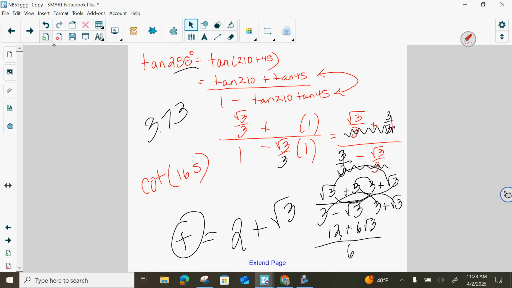It's not one of the unit circle angles, right? Yeah, 90 is a tough one. So what? 135 plus 30. You could do 45 plus 120, right? You could do a subtraction.